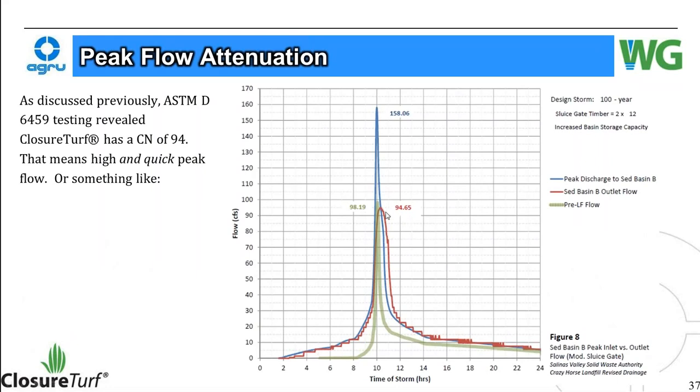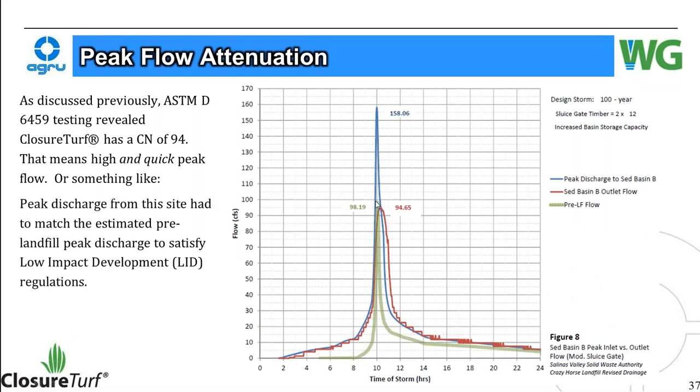The red is the flow out of that basin that had to match this pre-landfill flow for low impact development regulation reasons. We had to do some finagling with the outlet to this basin to make this happen, which I'll get to in a bit.